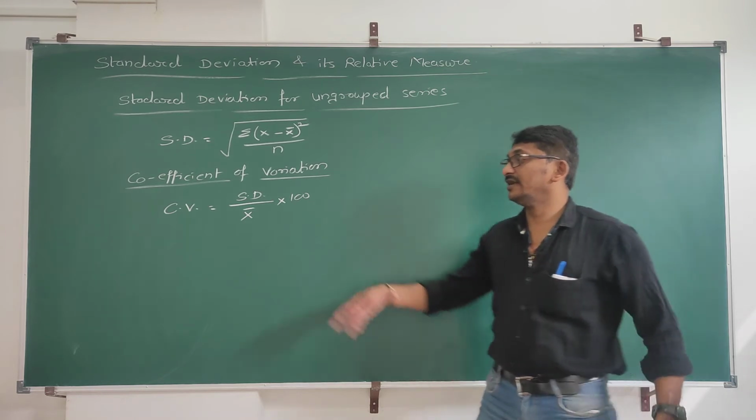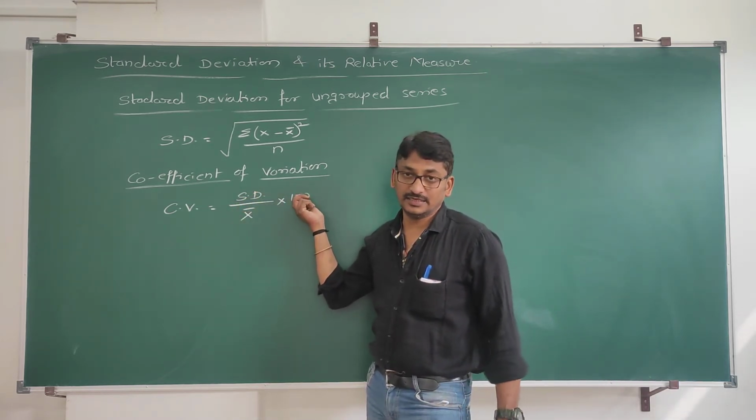Always CV is denoted in terms of percentage, so we have to multiply by 100.